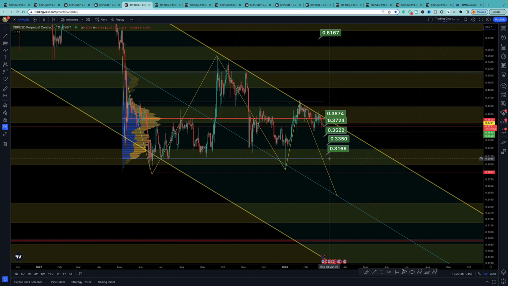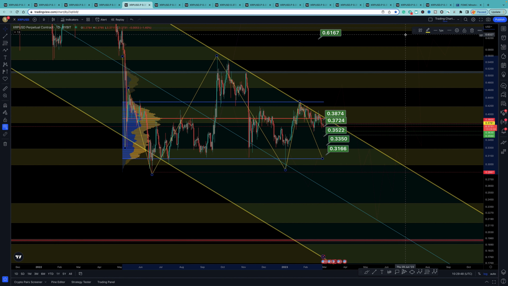We get a bounce maybe off 31 here, and that would be the correction of this daily impulse. Bounce off 31, there's the 786. We head back up to about 35, 36, get a correction of that, and then we head on up and break out. So that could be the case.